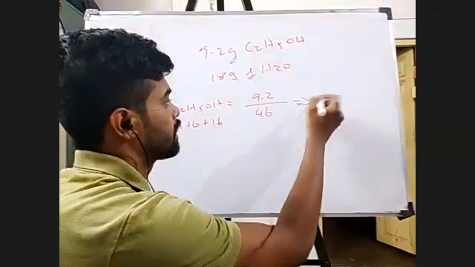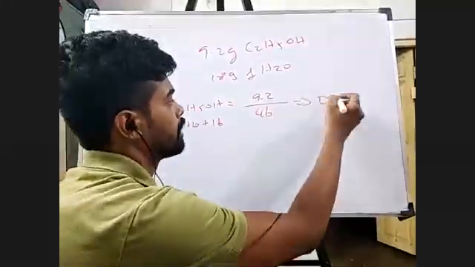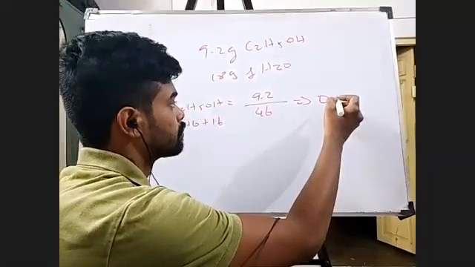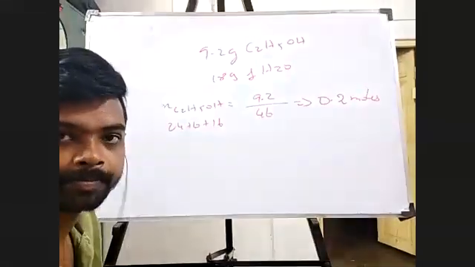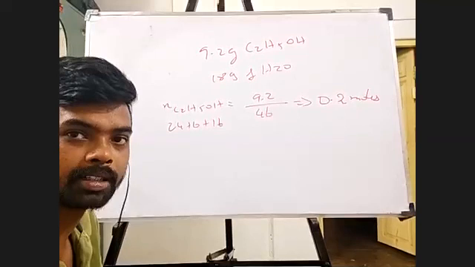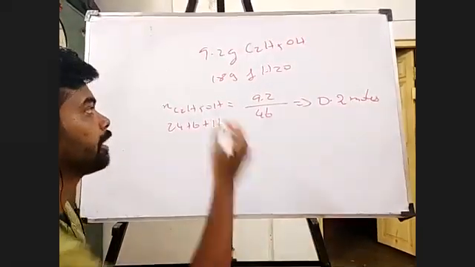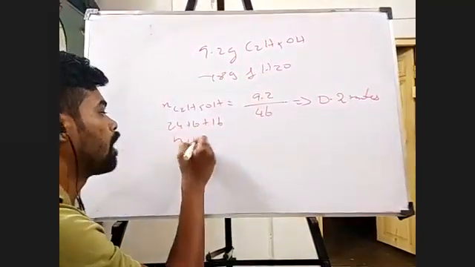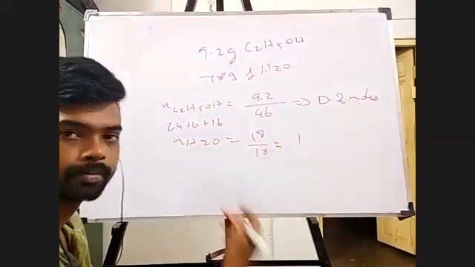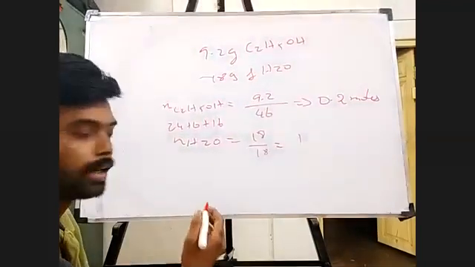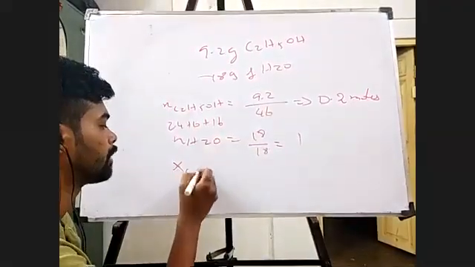So can I say it will be 0.2 moles? 0.2 moles will be the answer, right? And in the same way, the number of moles of water will be given grams by molecular mass, that is 1 mole. No problem, right? Now I can go directly for the formula.